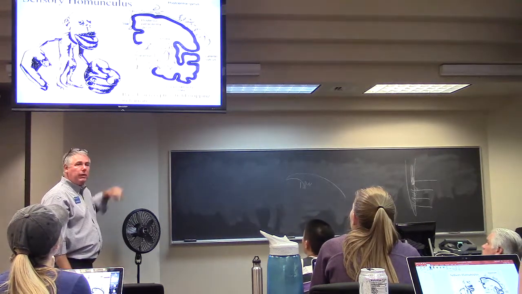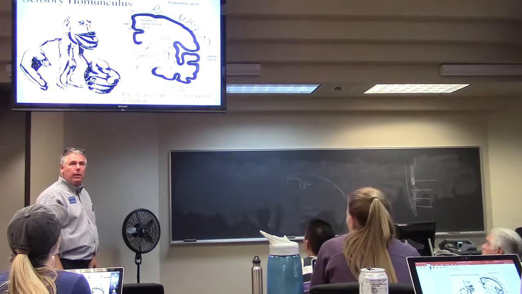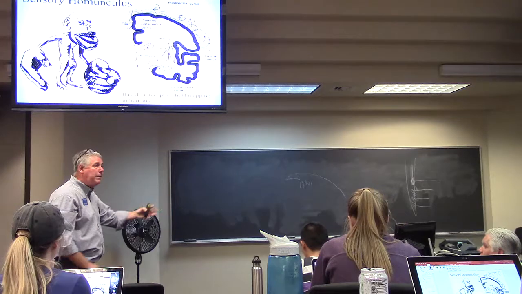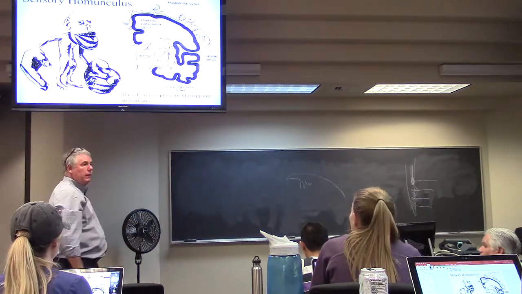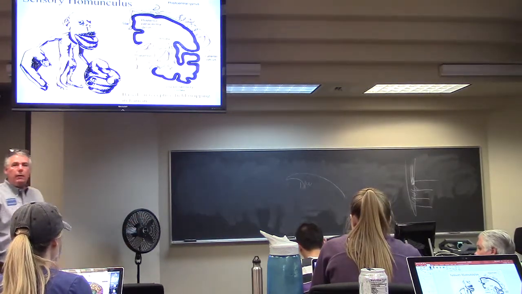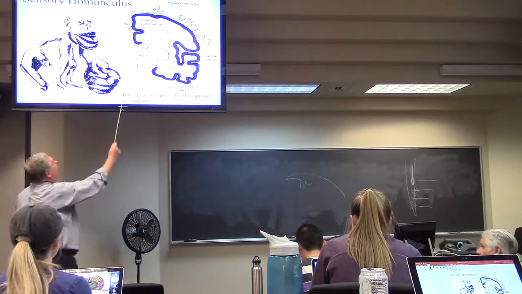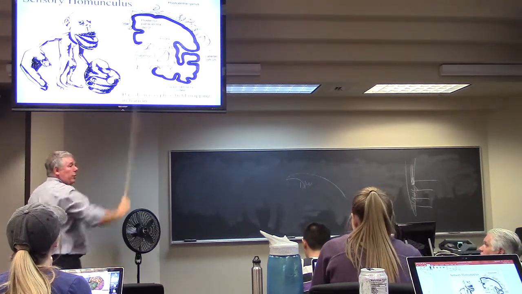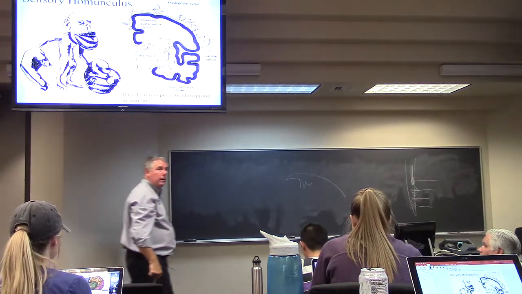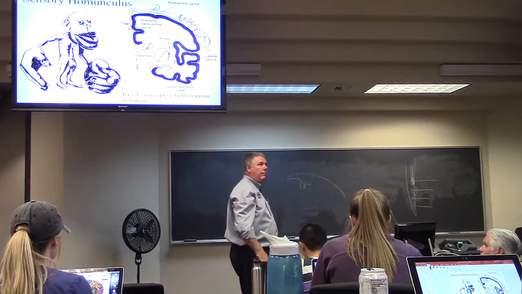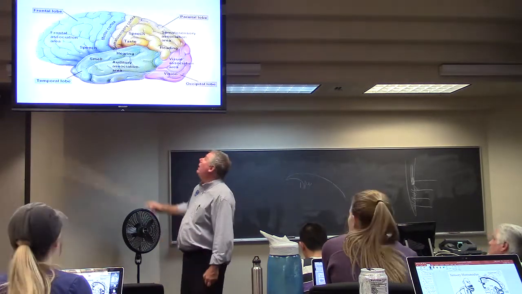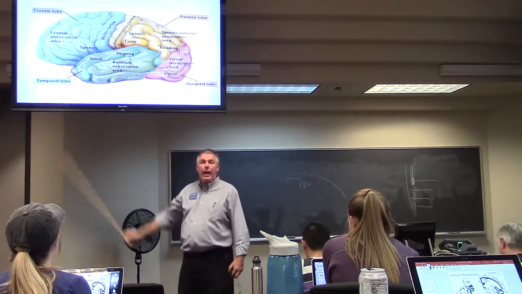How would he lose the function of his toes if he had a stroke of the anterior cerebral artery? Remember, the anterior cerebral artery runs right here. So if you stroke that, you're going to lose function of the lower extremity. If you have a middle cerebral artery stroke, it's going to be, out here, the hands and the face.